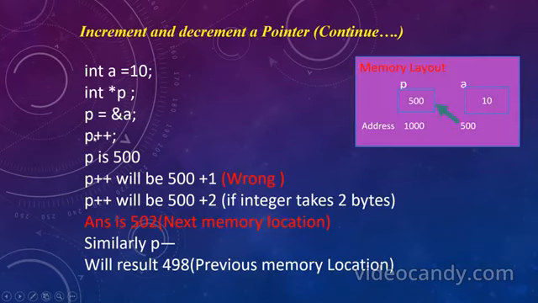When I do p plus plus, the answer will not be 501. If an integer takes 2 bytes, the next memory location will be 500 plus 2, that is 502. Similarly, if I say p minus minus, then the location is 498, not 499, because an integer takes 2 bytes.